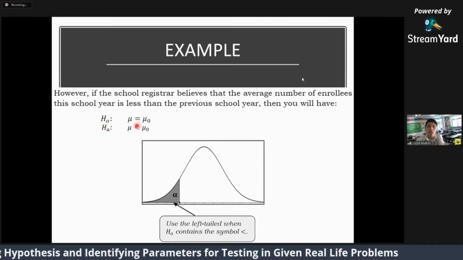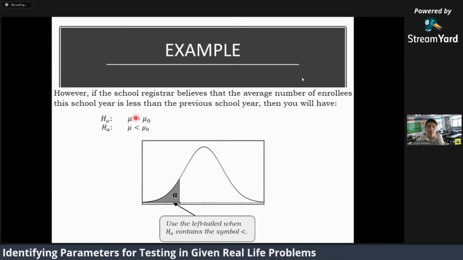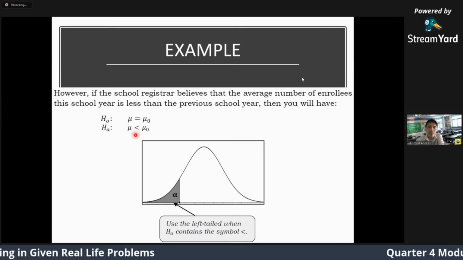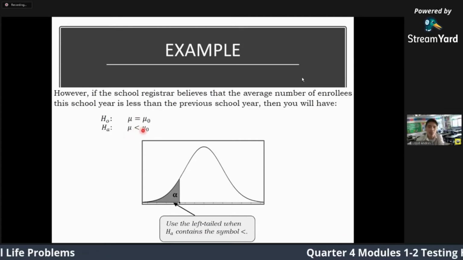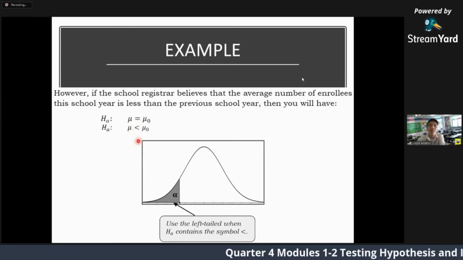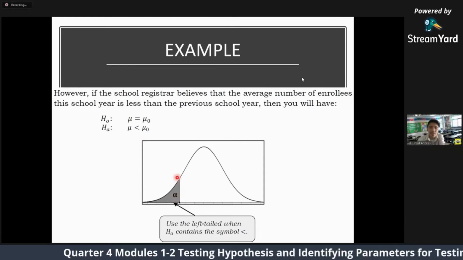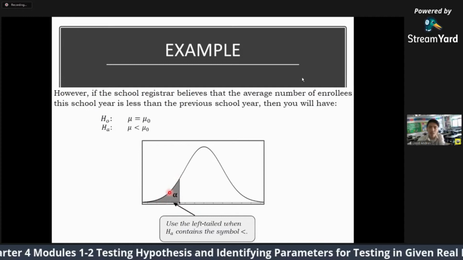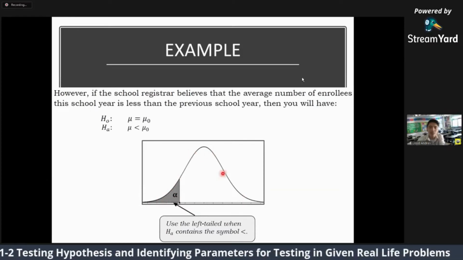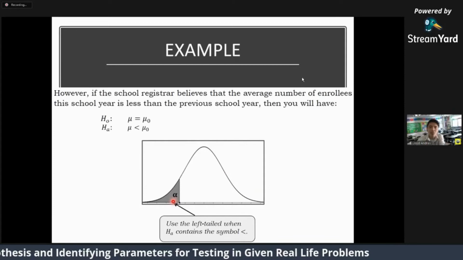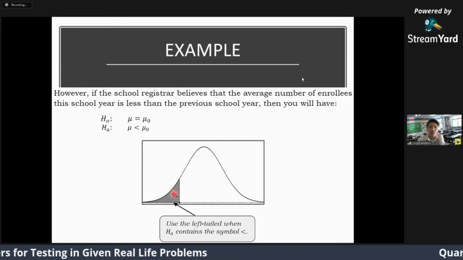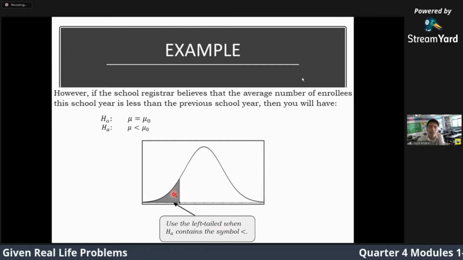But our alternative, since it is less than, we should use the less than symbol. Next, since it is less than, it is a one-tailed test, and less than is on the left side of your normal curve. Your alpha, you no longer divide, because it is one-tailed. It is left-tailed. Less than, left.